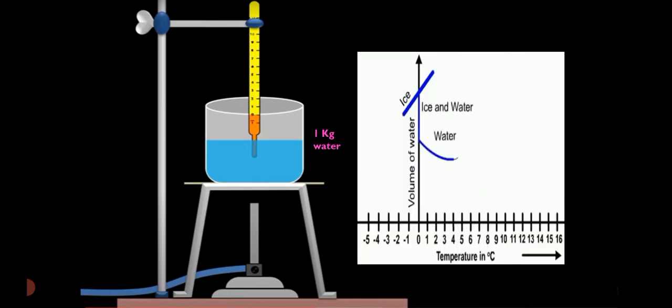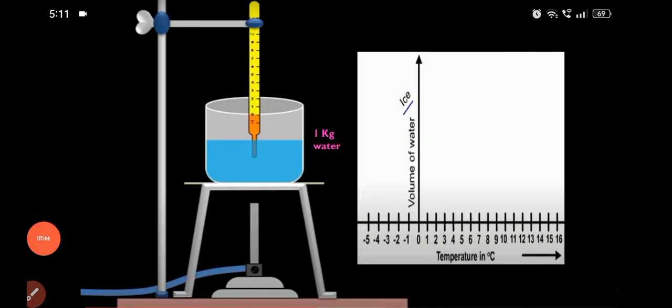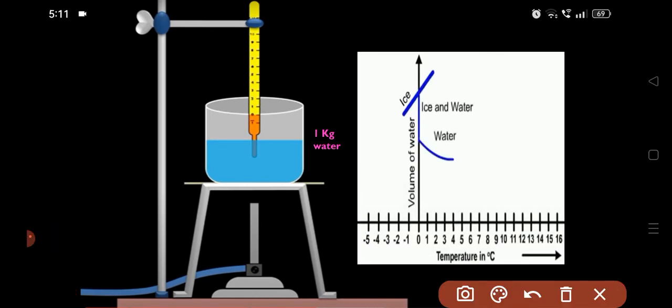Here you can see the temperature versus volume graph, where at 0 degrees Celsius the water has a certain volume, and when the temperature increases beyond 0 degrees, you can see the volume is decreasing.